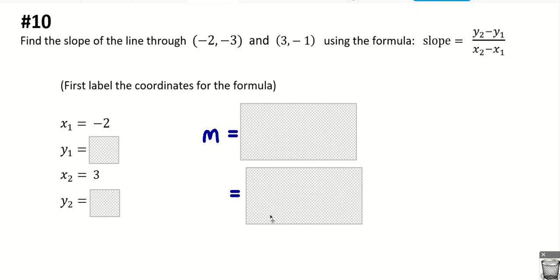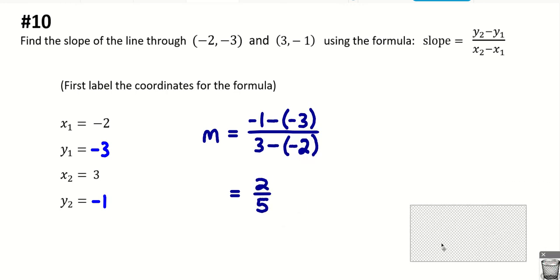And then number 10 and number 11, right? Number 10 and number 11, you were supposed to run through this formula with negative 2 comma negative 3 being your x1 and y1, and then getting 2/5, right? Doing y2 minus y1.